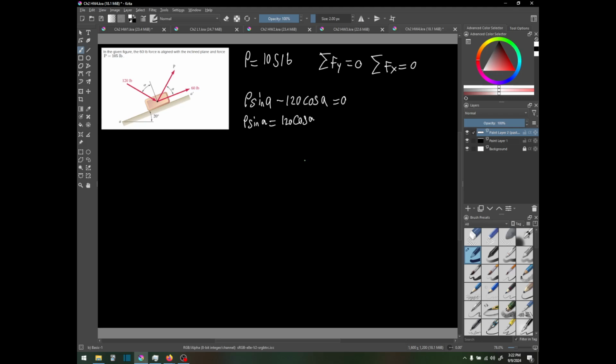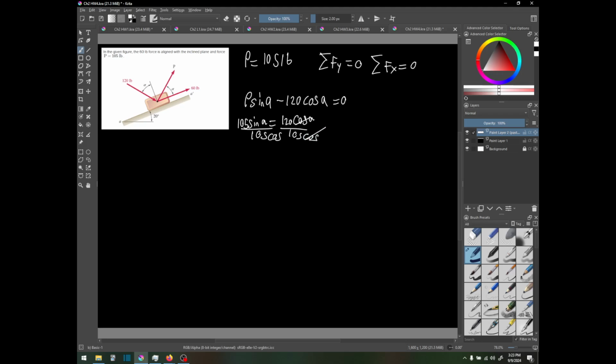Now from here, we can write what P is. This is 105, and now from here we divide by 105, and we also divide by cosine.